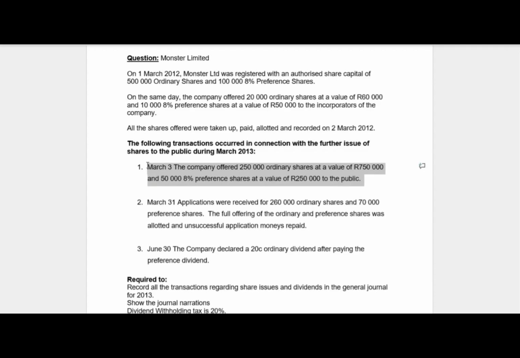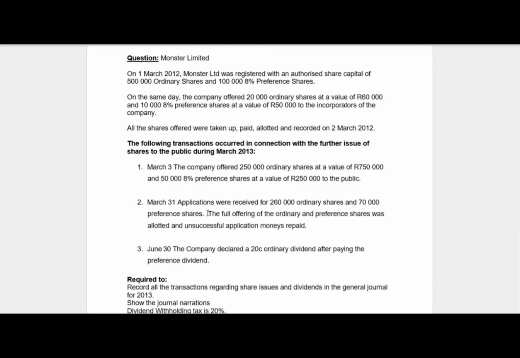But we cannot allocate if there was no application. We just made this available to be issued, but before we issue or allocate, there must be an application. So we have to record the application first before we issue. Transaction number 2 says on March 31st, applications were received for 260,000 ordinary shares and 70,000 preference shares.